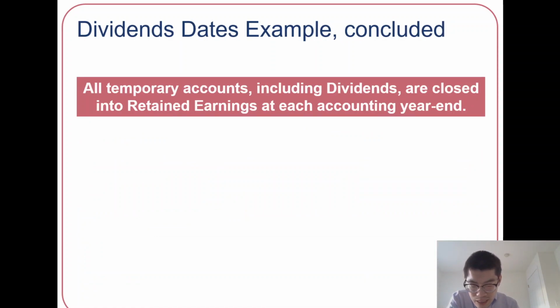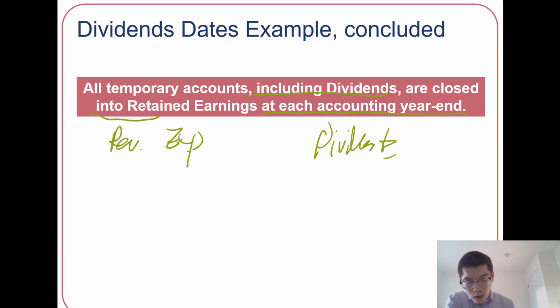And then all temporary accounts, including dividends, are closed into retained earnings at each accounting year end. That is when we have the closing process, right? We have two parts to close: first is revenue and expenses, and second is dividends.